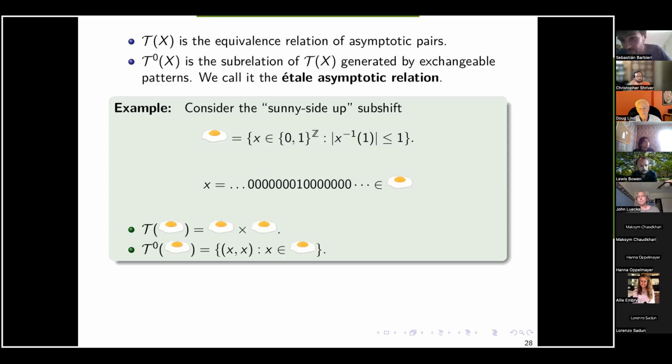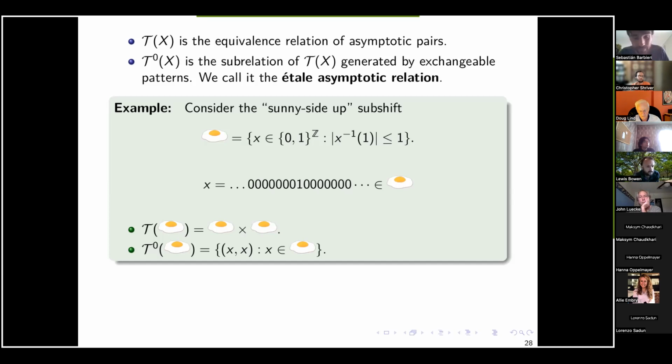So everything's going to be asymptotic to everything. So the asymptotic relation is the product of the shift with itself. But the étale asymptotic relation is actually the diagonal. Why? Because I cannot exchange patterns. If I have any two patterns which are different, well, one must have a 1 somewhere, and I can definitely not exchange it by another one because I could create problems. Right? I could create more than one 1 in some configuration.